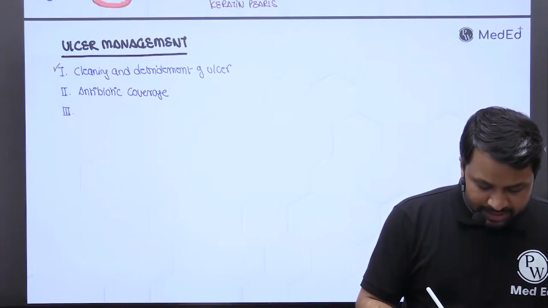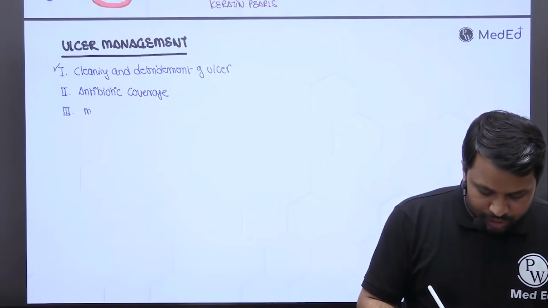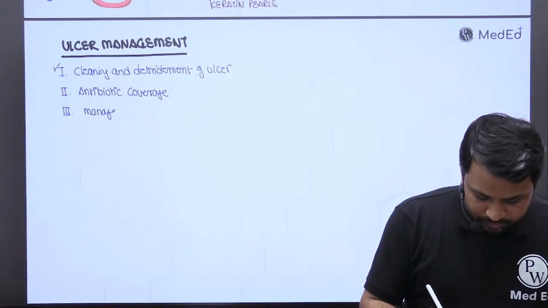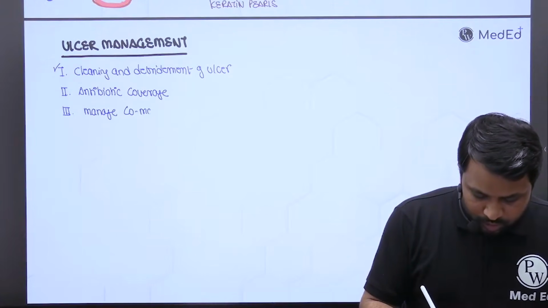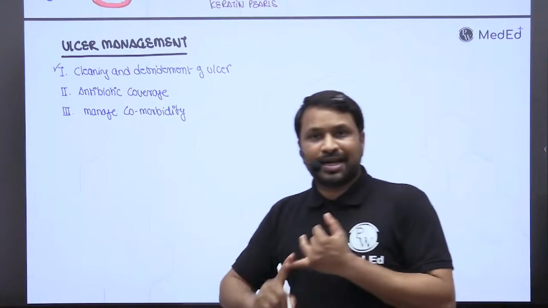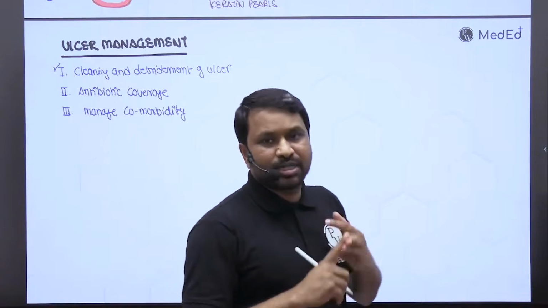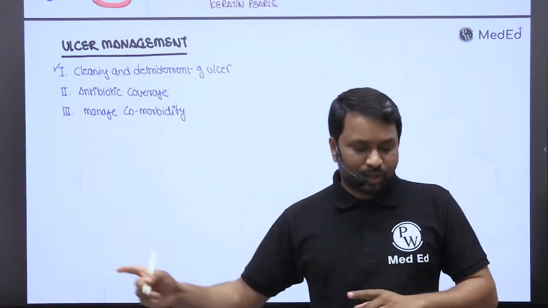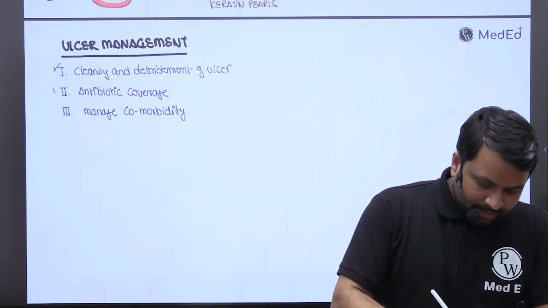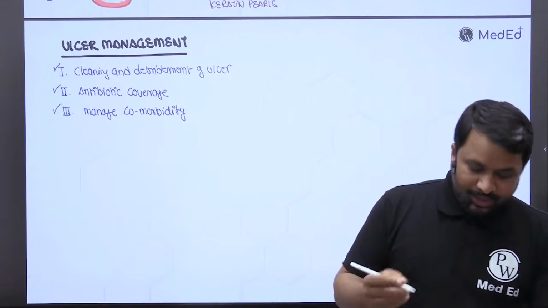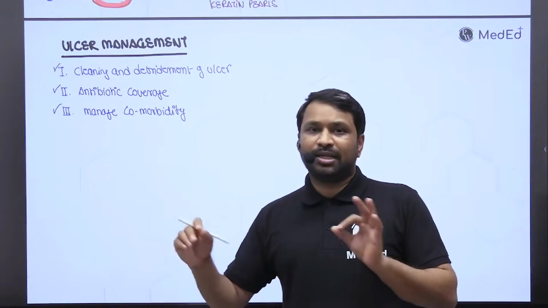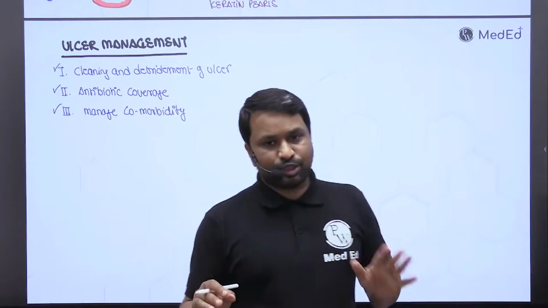Then always address the comorbidities, so manage comorbidity. When you talk about management of the comorbidity, you have to manage diabetes, CKD, jaundice, all that has to be managed, otherwise these wounds will not heal. So cleaning and debridement, antibiotic coverage, and managing comorbidities are the important steps in ulcer management.